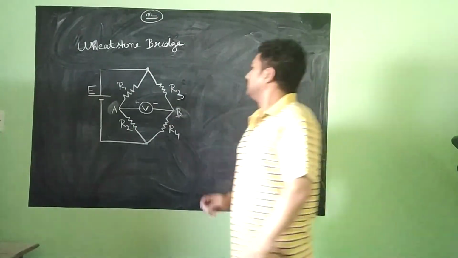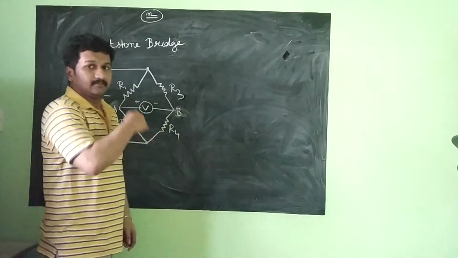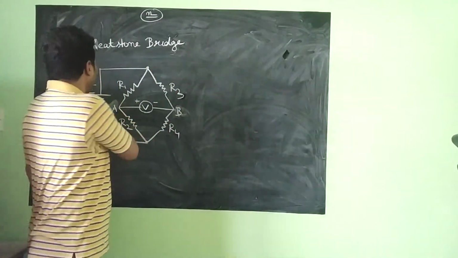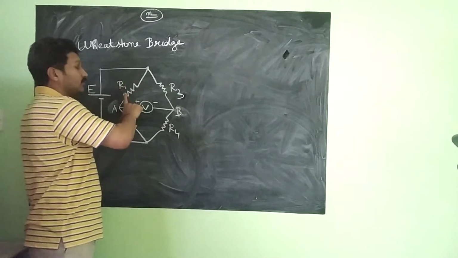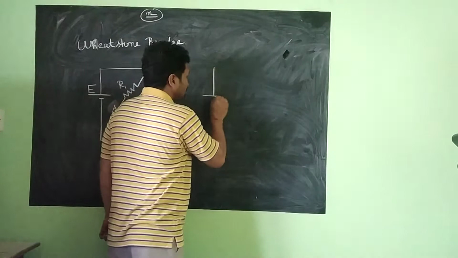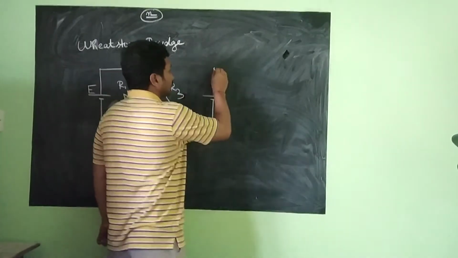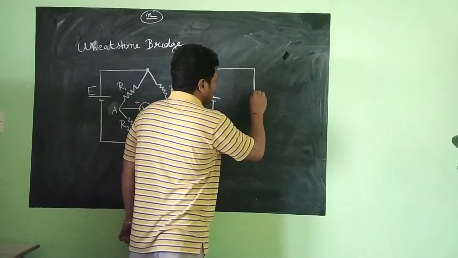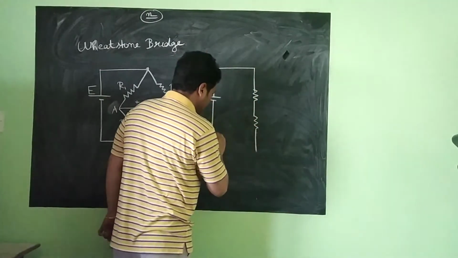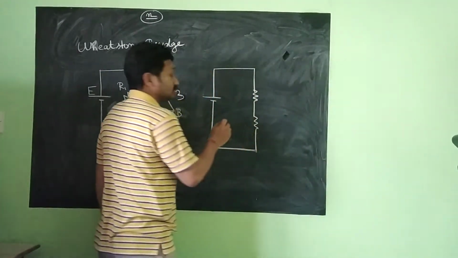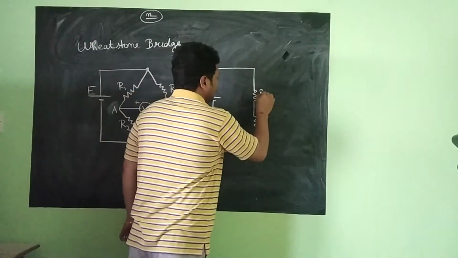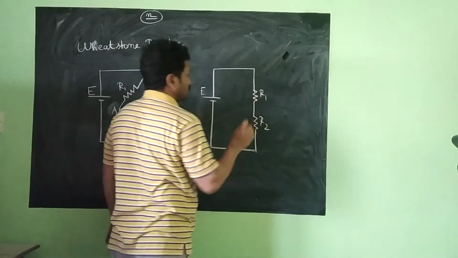Now let us break the Wheatstone bridge into individual components. See here, this E is across R1 and R2 as I said before. So this is E, R1, R2.